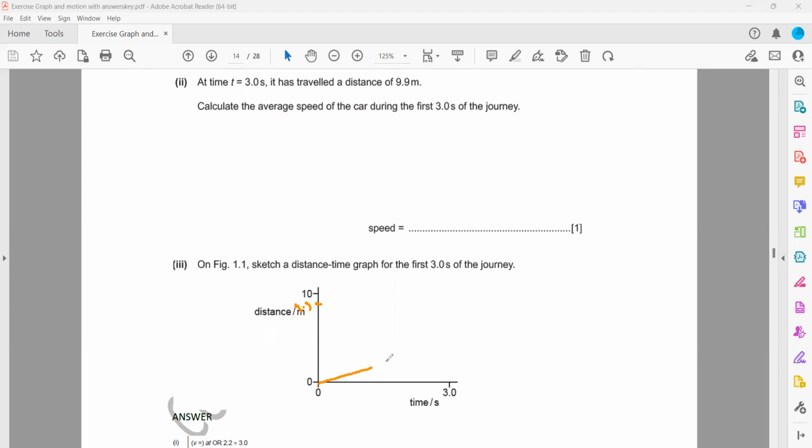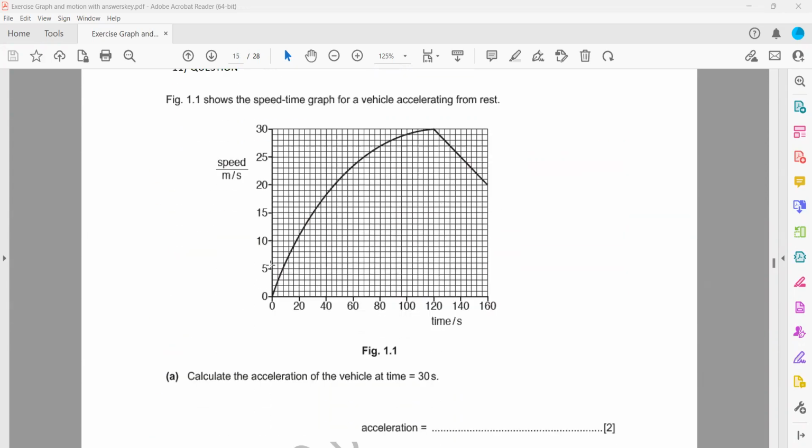We'll draw a curve in which the slope is increasing till 3 seconds. Is it clear, this one? Because it is related to the previous part, as the object is accelerating, that's why the curve should be there, and the slope is increasing, which shows that the object is accelerating.